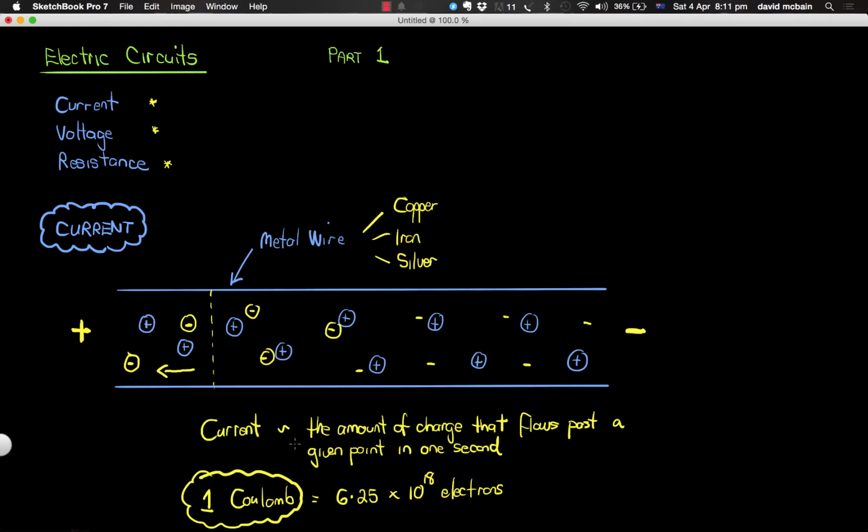Now, getting back to current, because current is a measure of how much charge passes a certain point in a given second, we actually measure current in coulombs per second, otherwise known as the amp.